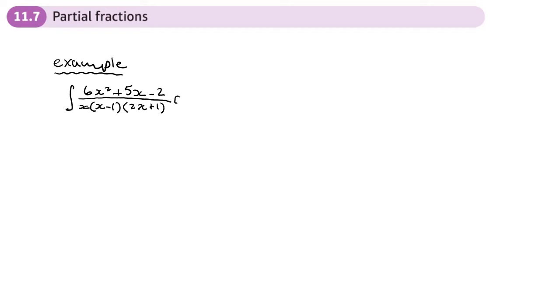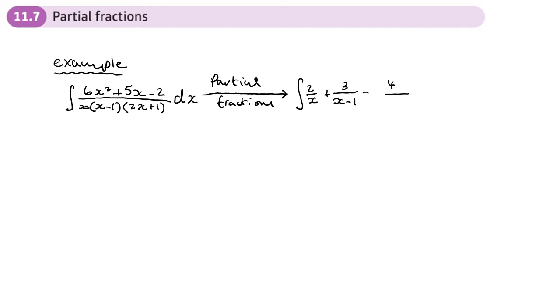Now I'm not going to be able to integrate that directly, so I'm going to use the partial fractions which we learned in chapter 1 and convert it into something like this. So I know this one is actually 2 over x plus 3 over x minus 1 minus 4 over 2x plus 1 dx.